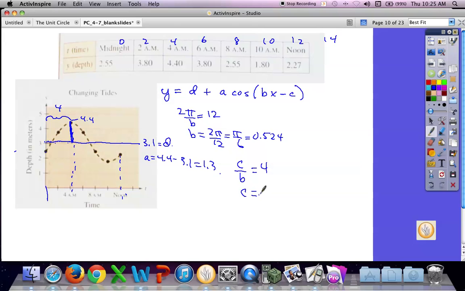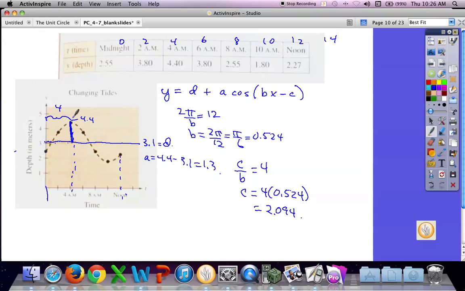You're going to get C equals 4 times 0.524, which is 2.094. Because we looked at the graph, we could see the data reaches its peak at 4, but actually cosine would normally have been here. So it's shifted to the right 4.